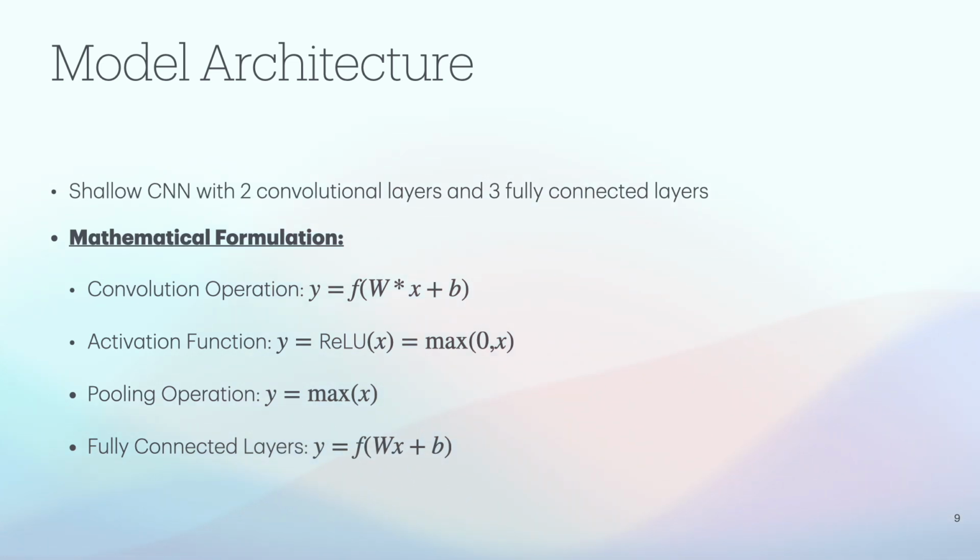So this operation actually downsamples the feature maps, reducing the spatial size by a factor of 2. So after the image passes through the convolutional and the pooling layers, the output feature maps are flattened into a vector, and they are passed through the fully connected or the dense layers.